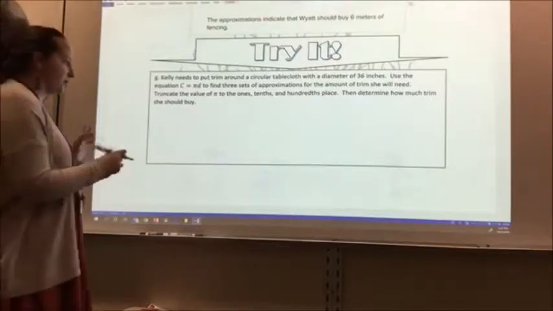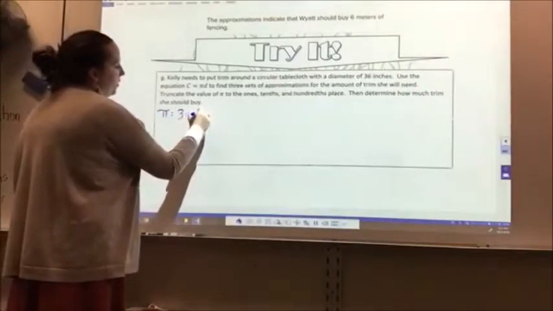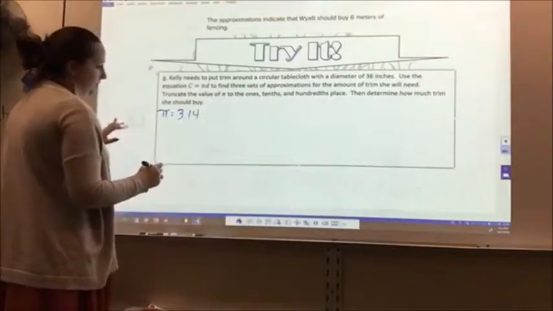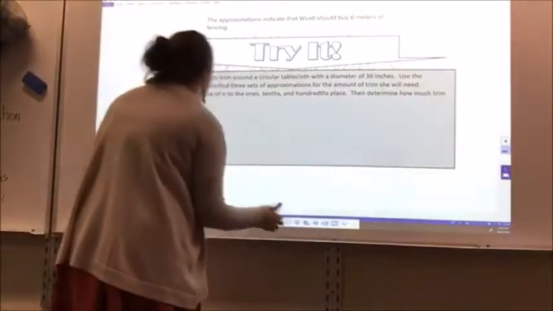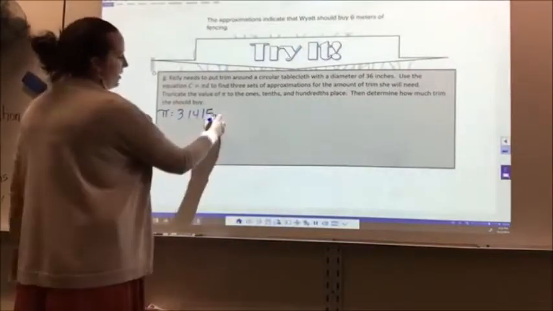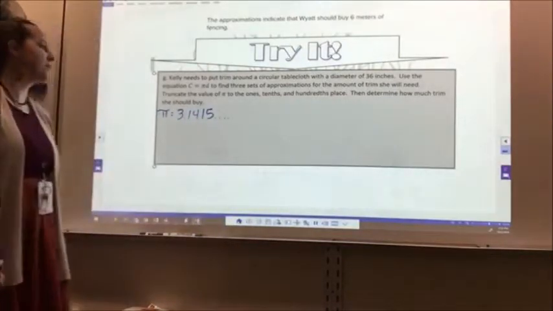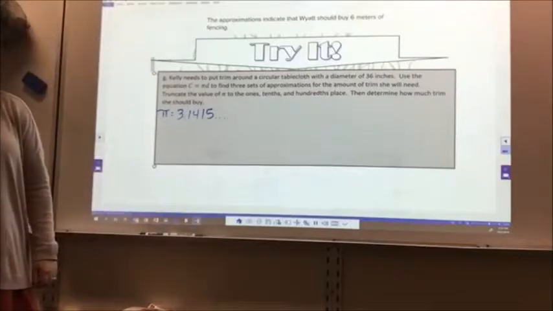So pi, first off, is an irrational number. 3.14, 3.1415, and so on and so on. It keeps going. So that's the first thing I need to know. I need to know what pi is.